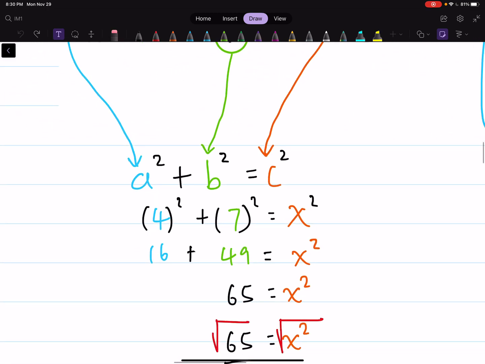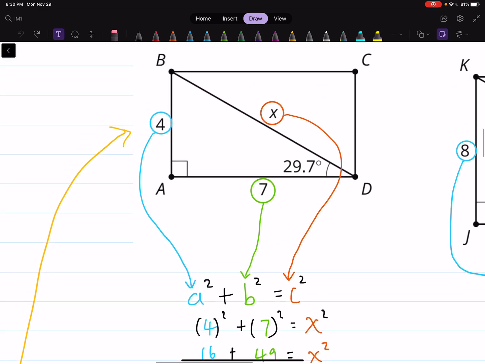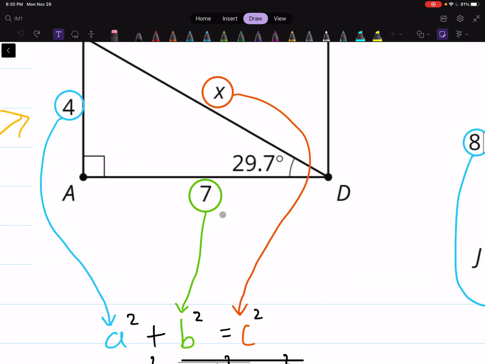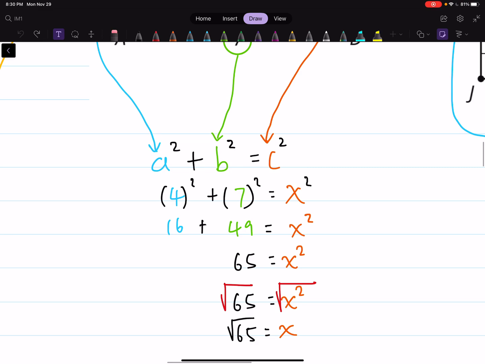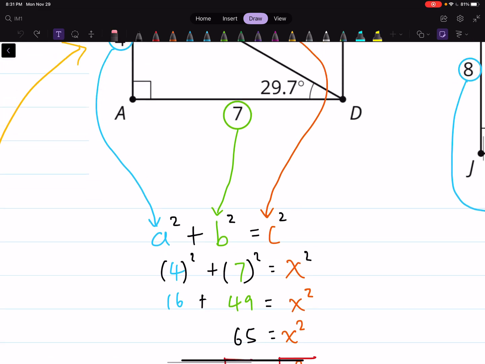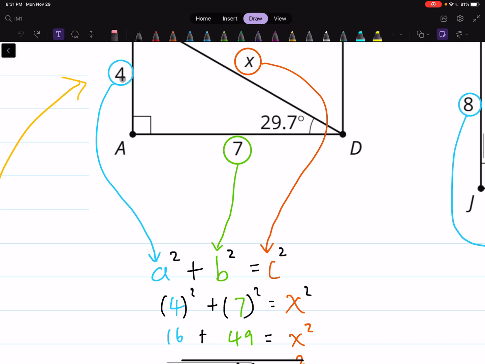So let's take a look. a squared plus b squared equals c squared is the Pythagorean theorem. That is the formula that we can use to find either a leg or a hypotenuse. So the first leg is 4, so I substitute 4 for a, and 4 squared is equal to 16, and 7 squared is equal to 49.